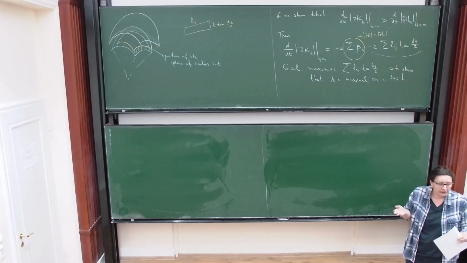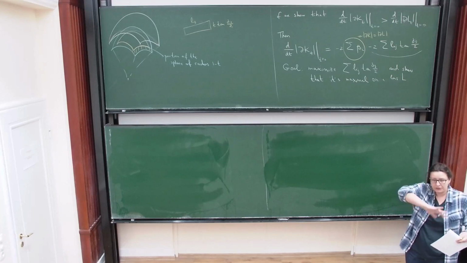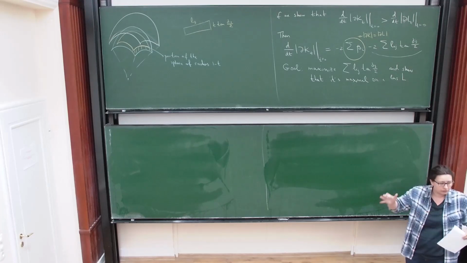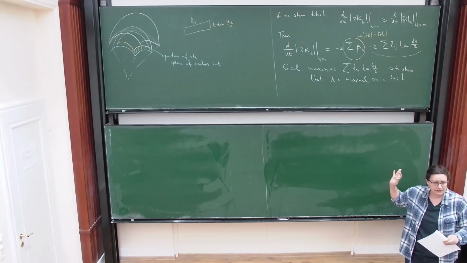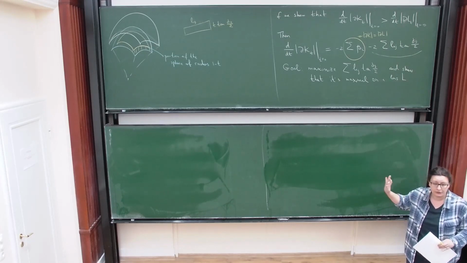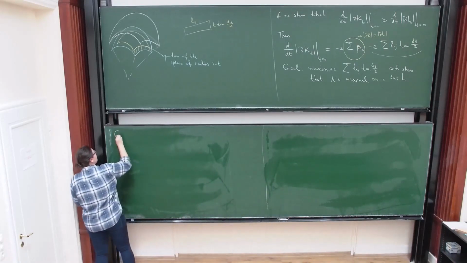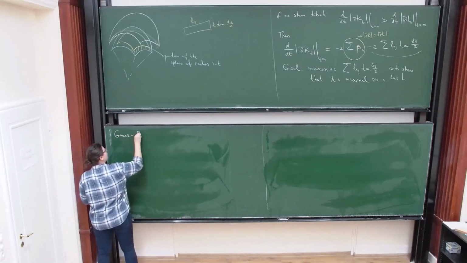It's exactly the Gauss-Bonnet theorem. The Gauss-Bonnet theorem tells me that the spherical image of the boundary of the body is equal to the area of the sphere of radius 1. So let's restate Gauss-Bonnet.